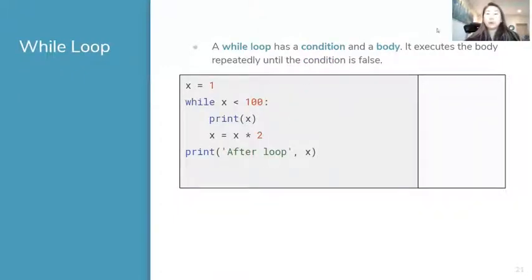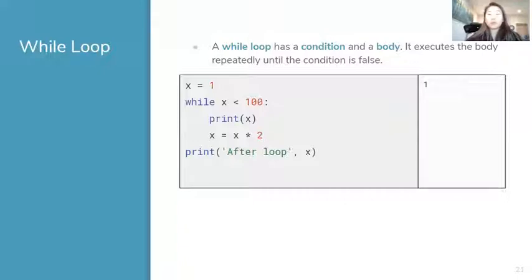A while loop has a condition and a body. It executes the body repeatedly until the condition is false. So if x equals 1, we have a while loop where x is less than 100. What you have to do is print out each variable in the loop.